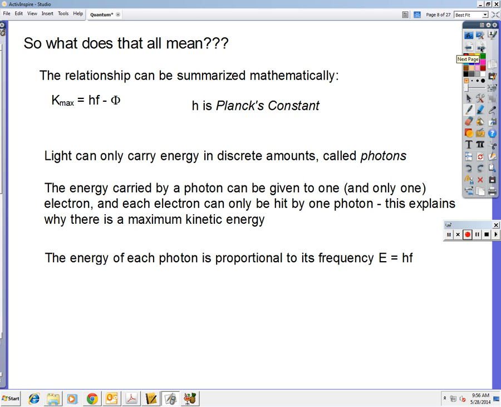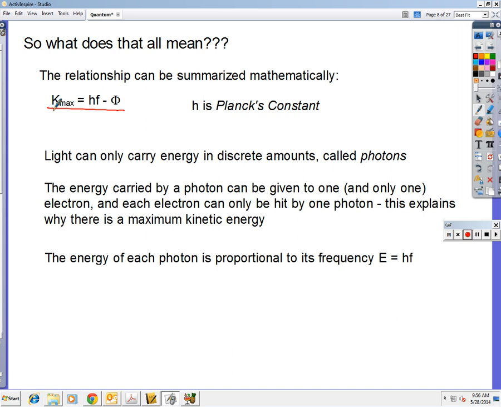And the key thing that we come up with is the idea that the maximum kinetic energy equals hf minus phi. In this equation, Kmax is the maximum energy the electron can get. Phi is the work function of the metal, the minimum energy required to break it loose.